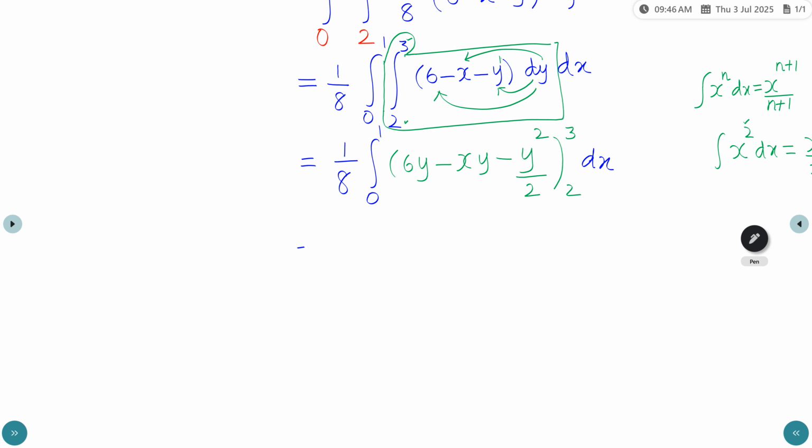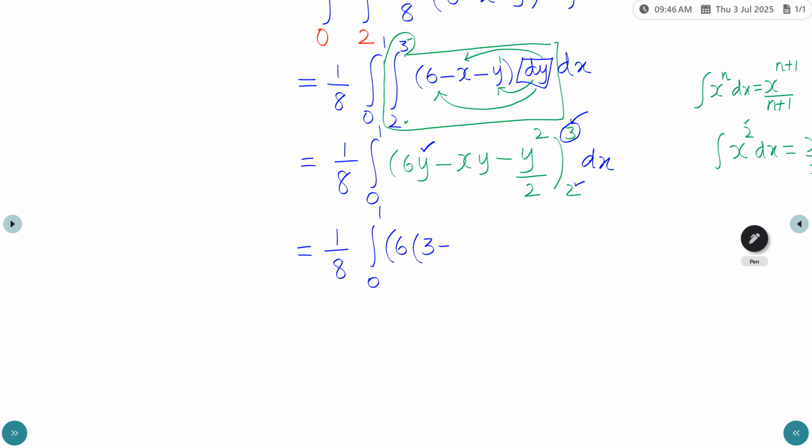So the next step, 1/8, 0 to 1. We need to substitute the upper limit and lower limit value in the place of y, because the first integration is with respect to the y variable. So we substitute in the place of y the upper limit minus the lower limit. So 6, what is the upper limit value? 3.